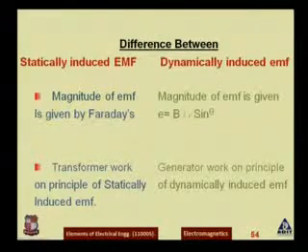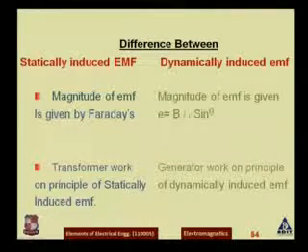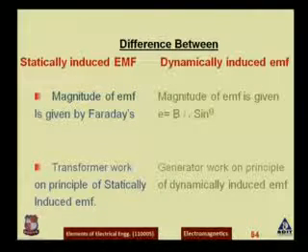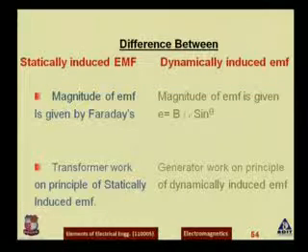Another difference is the magnitude of the EMF. For statically induced EMF, the magnitude is given by Faraday's law, while in the dynamically induced EMF, the induced EMF is E equal to B into L into V into sin theta.